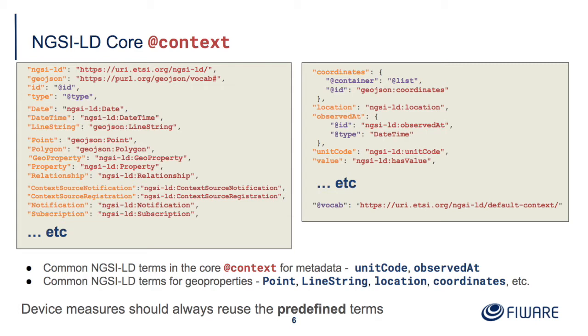On top of that, there are a few things which are defined for common goods, such as location, because obviously if you have a device which is in a certain place, you want to use this as the default thing for geofencing. And then things like unit code is well defined. These use the UN CEFACT codes for the various different units of measure.